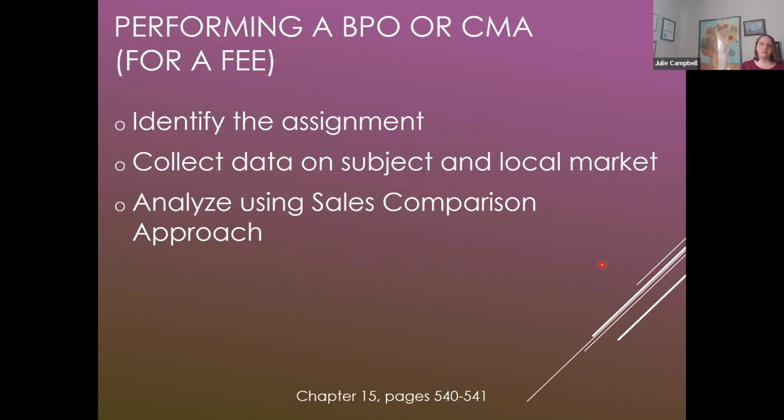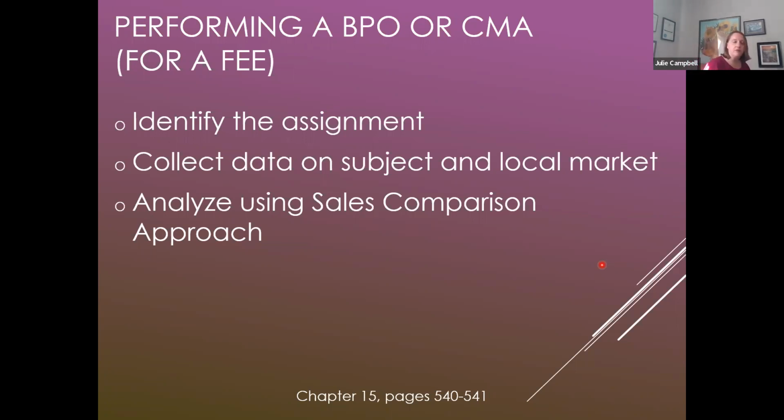We're identifying the assignment. What's the subject property? Studying that subject property. Gathering your comps, again, the sales comparison approach. The closest thing we have is that CMA. Studying those close comps, some are going to be better than others.